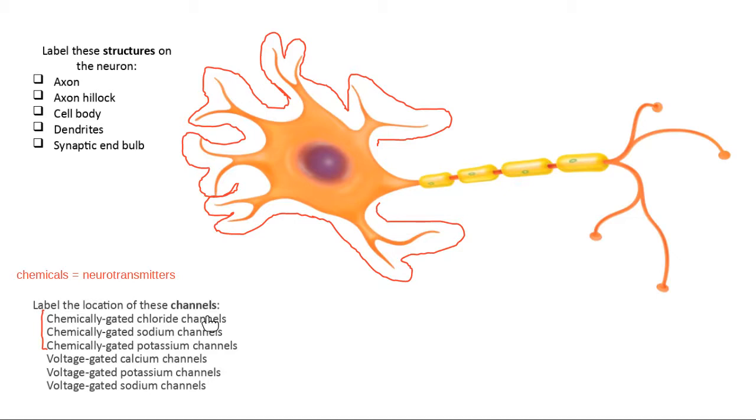So any kind of chemically gated channel is only ever found on the dendrites, on this receiving part of my neuron. The part of my neuron that processes all the different chemical messages that I received is this part right here.